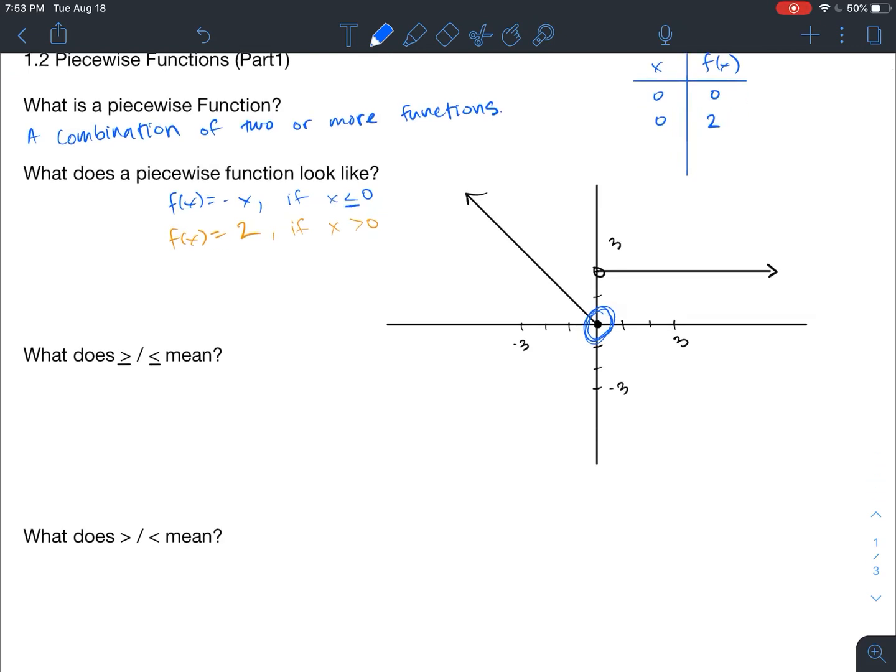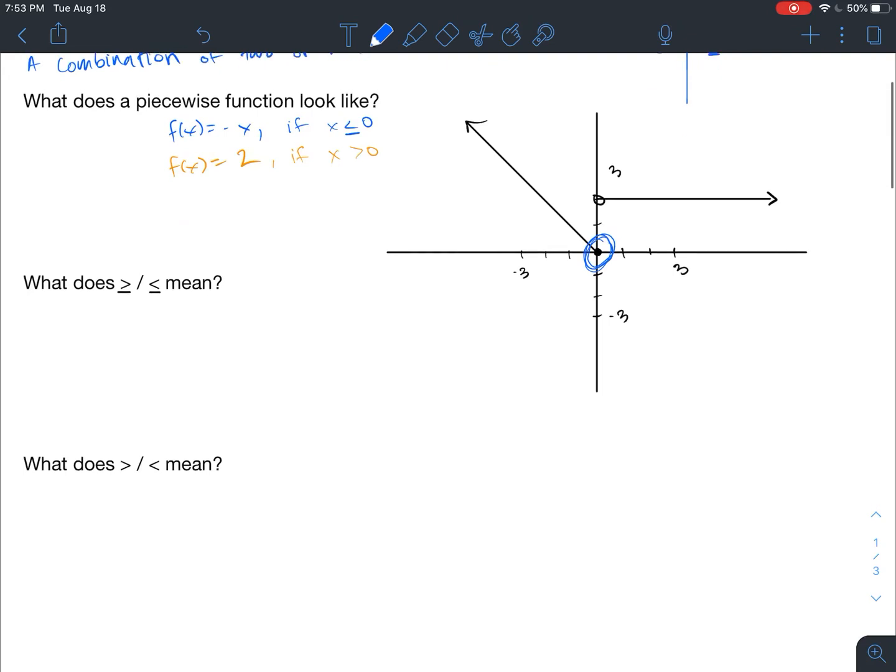So what does it mean when you have a greater than or less than or equal to sign?